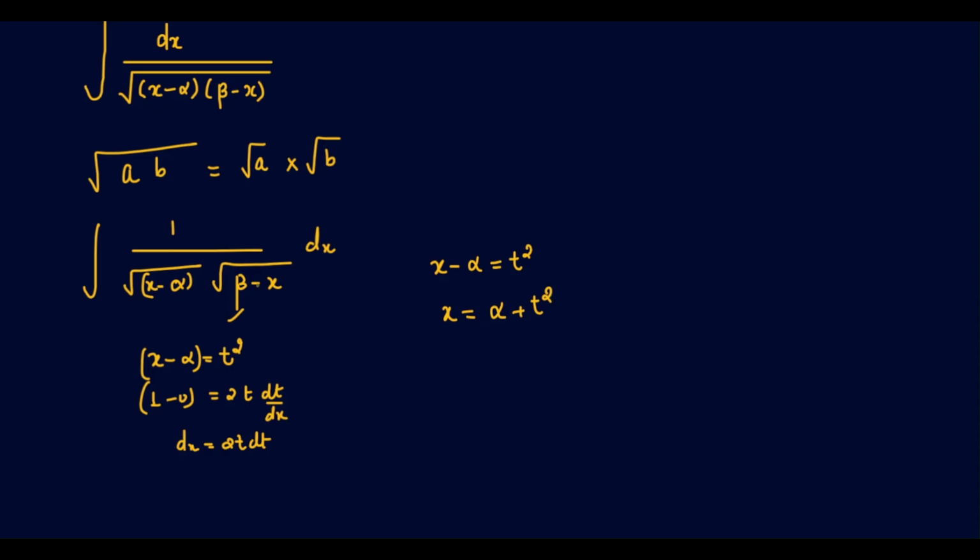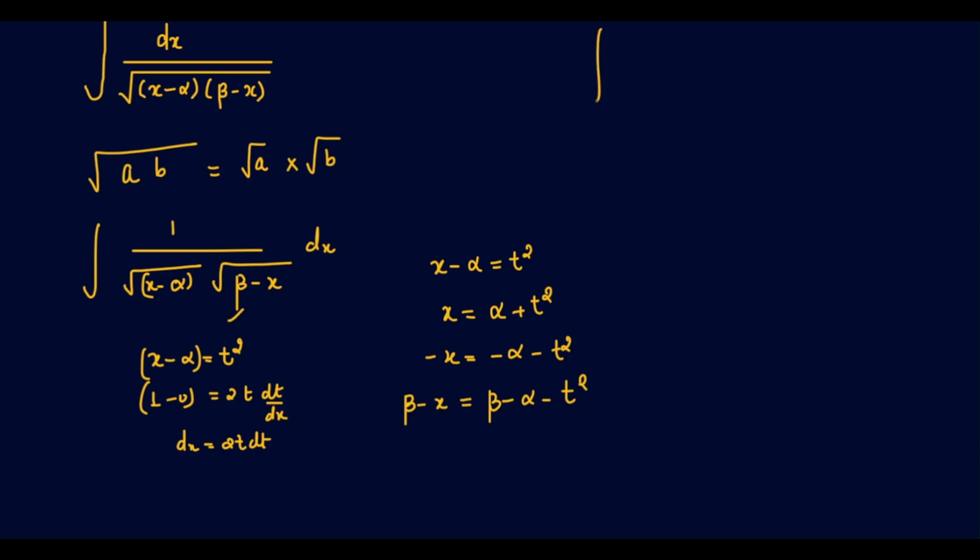Now, since x is associated with a negative sign, we will write minus x, so it will become minus alpha minus t square. Now, beta is also there, so you will write beta minus x. And since beta has been introduced on the left hand side, we will introduce beta on the right hand side. So beta minus x equals beta minus alpha minus t square.